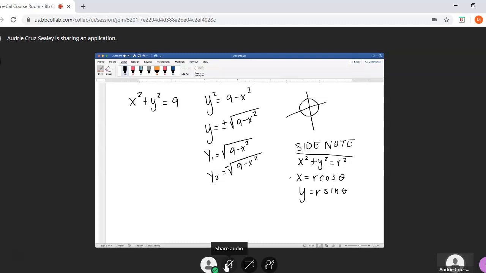Okay? So if I wanted to change this into polar form, do you agree that x squared plus y squared equals r squared? Is everybody okay with that? And if I were to take the square root of this, do you agree that I would get r equals 3? Plus or minus, but do you agree r equals 3?